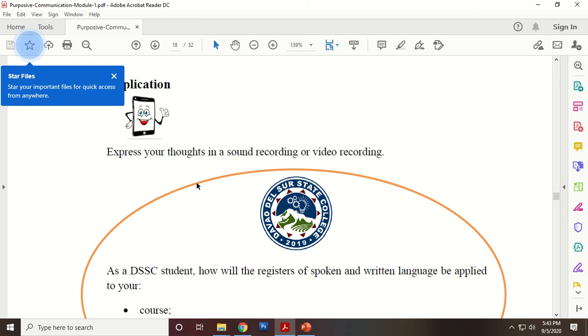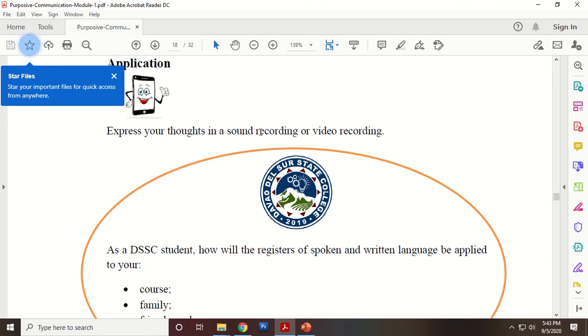Next is the application. Although it says you have to do a sound recording or a video recording, you don't really have to do this. All you have to do is write it on a different sheet of paper, then take a picture of it, or you could put it on MS Word, and send it to me by email, or by private message on Messenger.